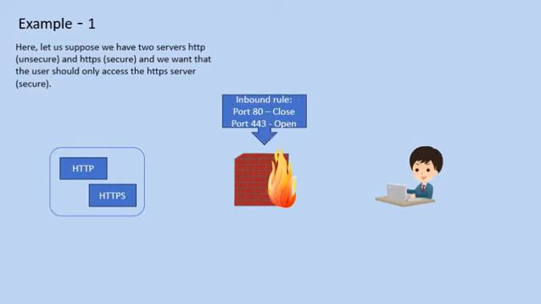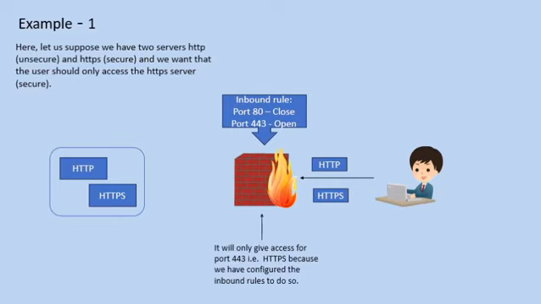What we are putting in the firewall as an inbound rule is that we are closing port 80. Port 80 is for HTTP, and we are opening port 443. So this is how our inbound rule looks when we want to give access to a secure server, that is HTTPS. So what will happen if the user is requesting both HTTP and HTTPS?